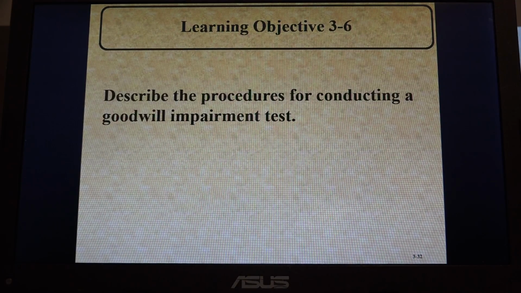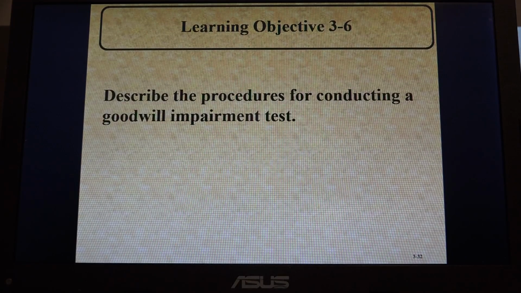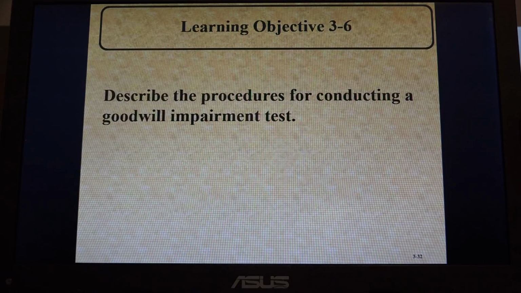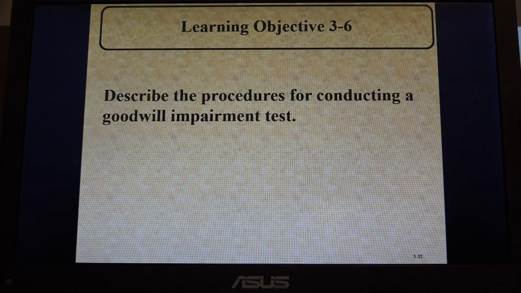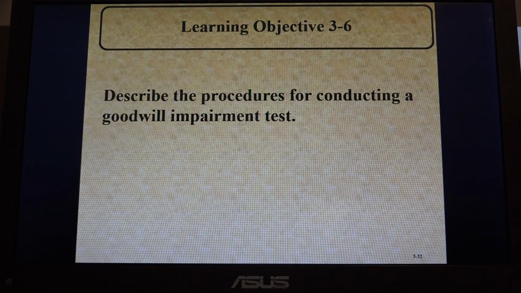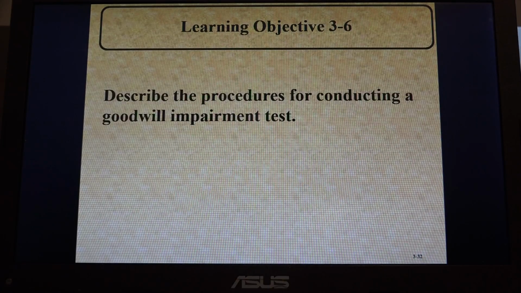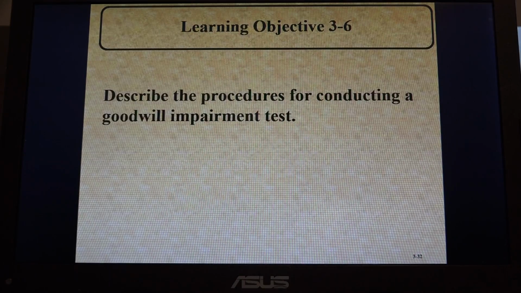Recall that goodwill just sits there in your books at whatever amount was the excess over the purchase value. If you recall, we had an amount of the purchase, and then we allocated that amount to the various assets and liabilities, and anything left over is goodwill, and that goodwill just sits on your books.